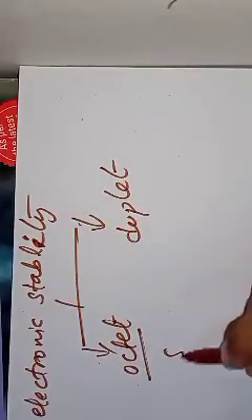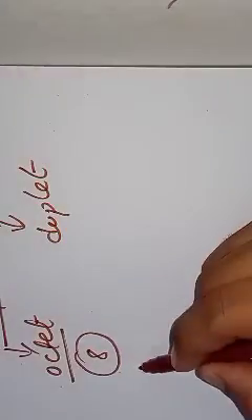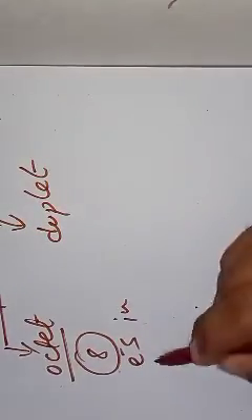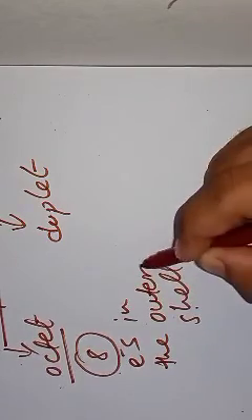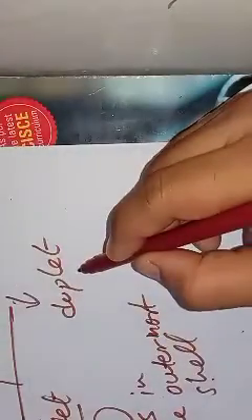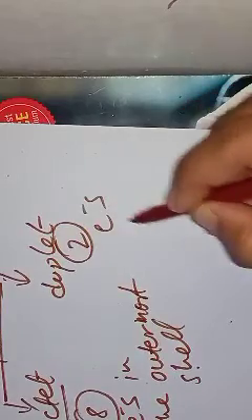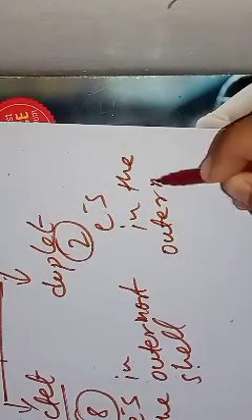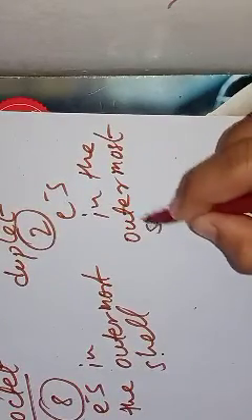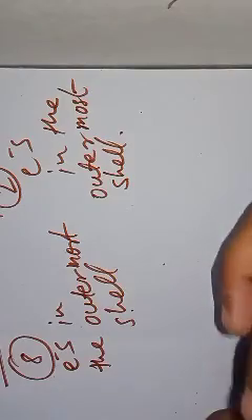What is octet? 8 electrons in the outer shell, outermost shell. Duplet means 2 electrons in the outermost shell.